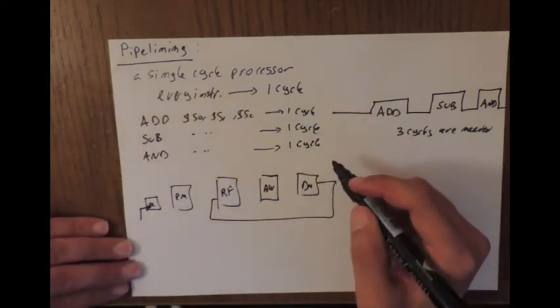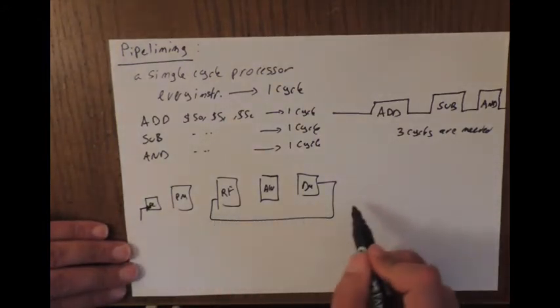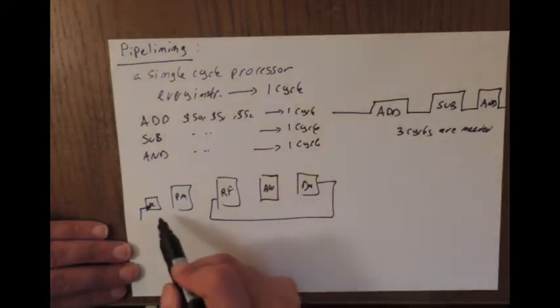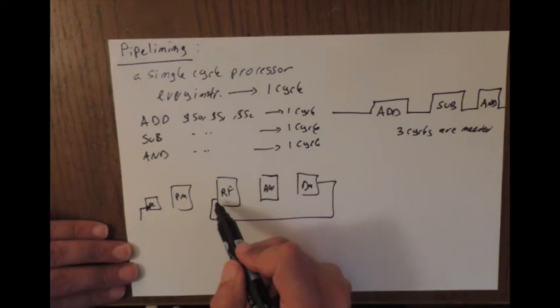So the problem here is that when we are executing this instruction add, it's passing through all these components and we're not making use of these components.